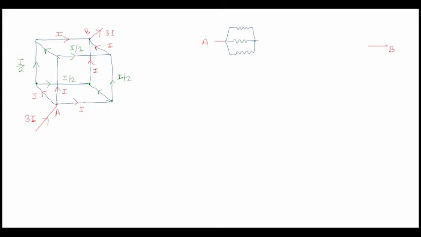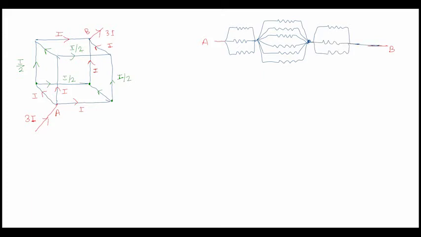Now these three are further divided into 6. Each of them is contributing to 2 more resistances. So I am drawing 6 resistances in between, and then they combine together with the 3 resistances in the end to reach B.